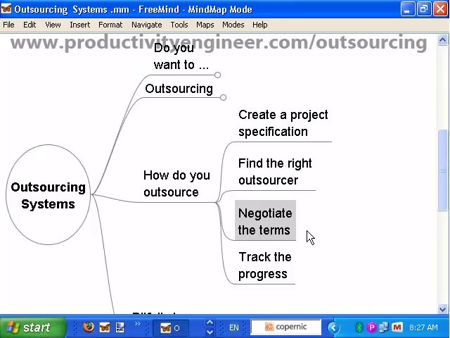Now, the terms can be negotiated as a per hour fee, but in the beginning, I would suggest that you negotiate as a fee per project. So each project, you say, okay, I want to get a web design done. I'm going to pay $100 to get my website design.